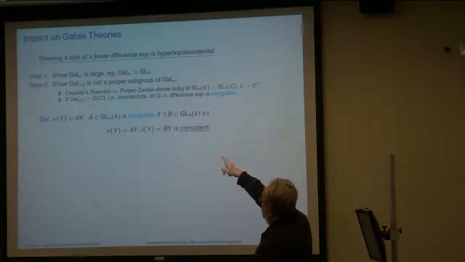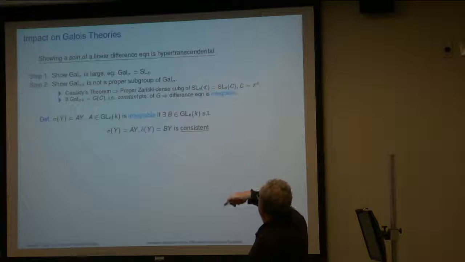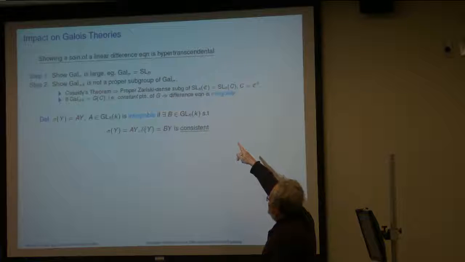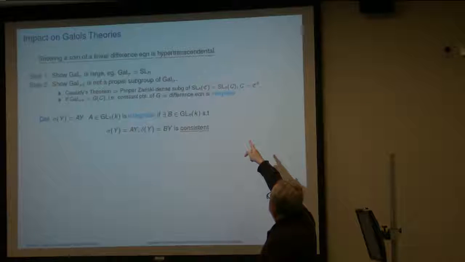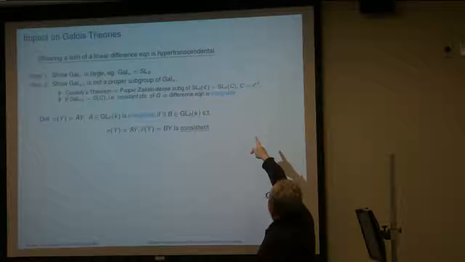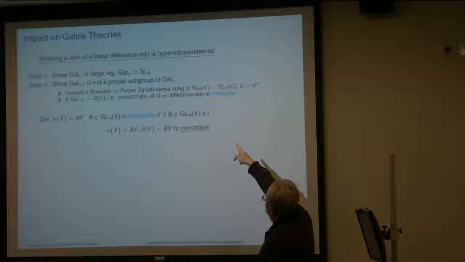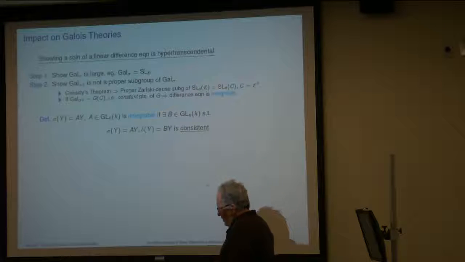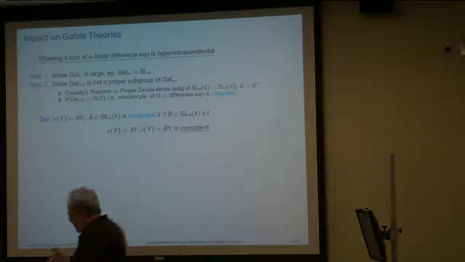So the Galois group could just be, a priori, either SLN of C, that is the delta constants, and I'm saying the only other possibility is the subfield of this big C that's killed by delta. So there are just two possibilities.